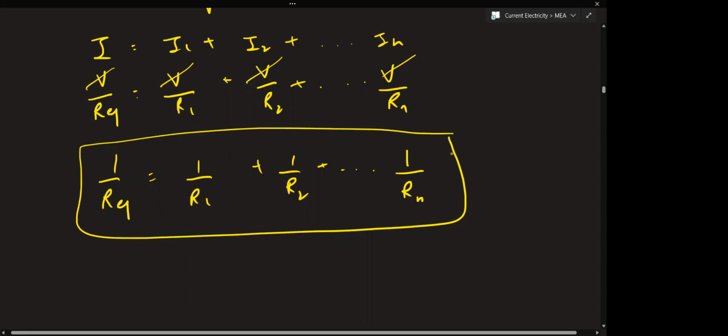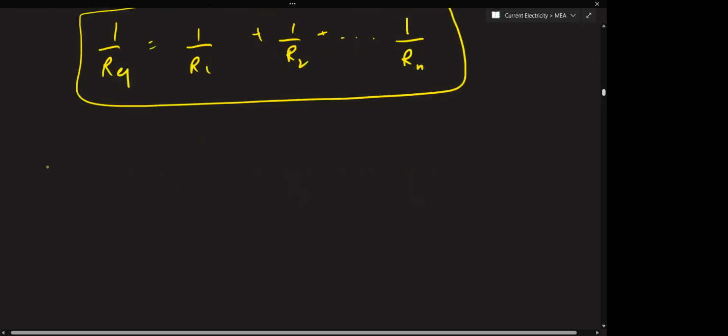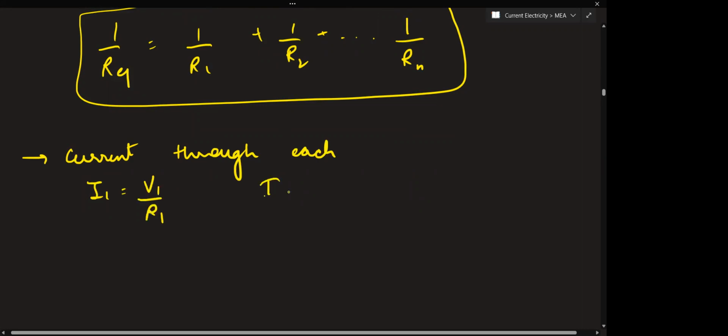Now, voltage will be the same, but we can have different values of current across each resistor. So, current through each: I1 will be V1 by R1, I2 will be V2 by R2. Similarly, In across any one will be V by Rn.